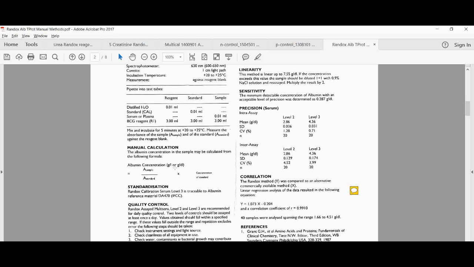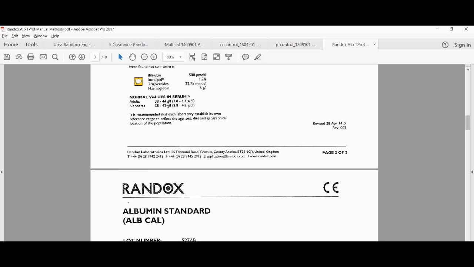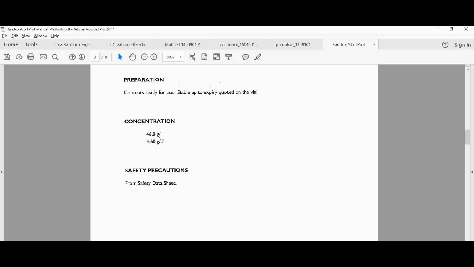Okay, so now you can use the derived Beer-Lambert formula, whereby concentration equals the absorbance of your sample divided by the absorbance of your standard times the concentration of your standard, and the concentration of your standard is that one that you had, 46 gram per liter.